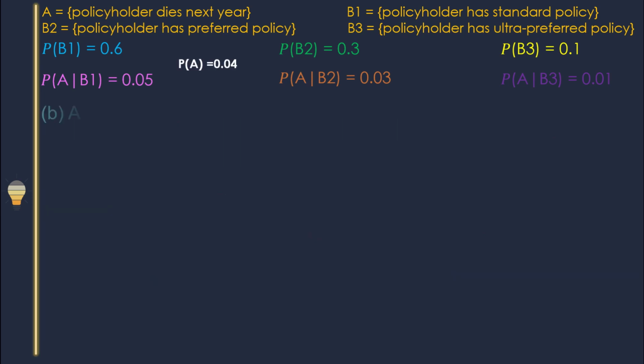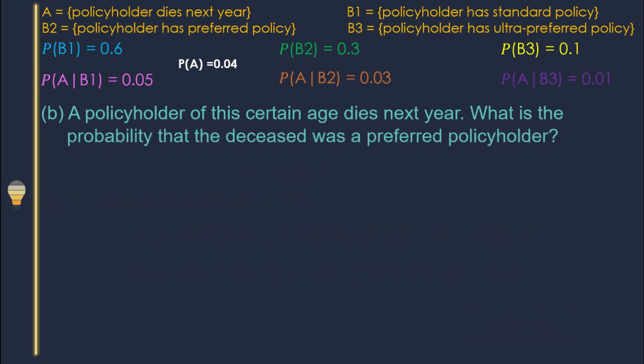Right, go to part B. A policyholder of this certain age dies next year. What is the probability that the deceased was a preferred policyholder? B2 is the event of a preferred policyholder.